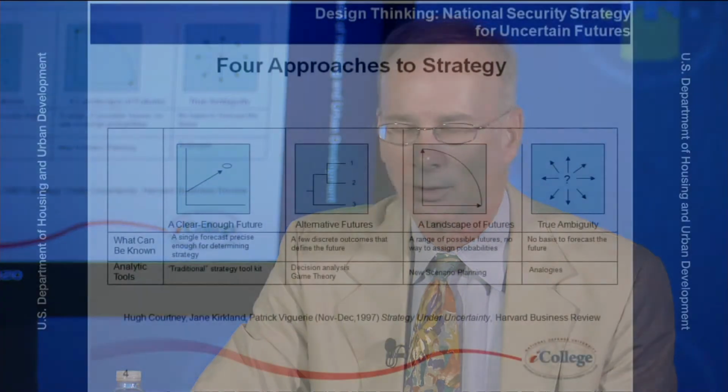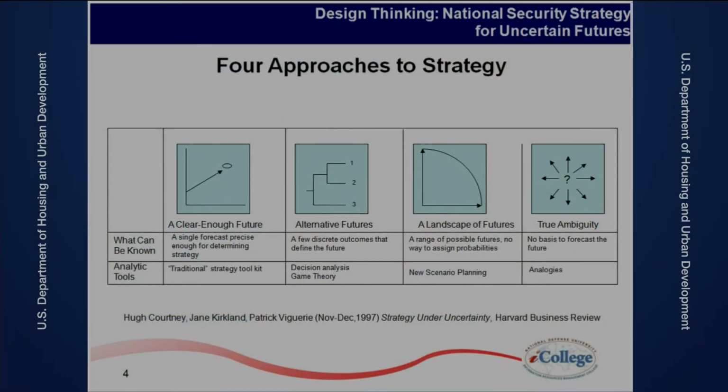Well, there's a couple different approaches to developing strategies that are connected to uncertainty. So the more traditional approach under the GPRA, for example, falls in that box in the lower left, on the left-hand side of your chart. And this tends to assume that the future is relatively known and knowable.